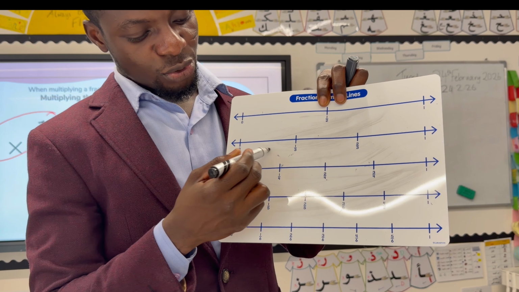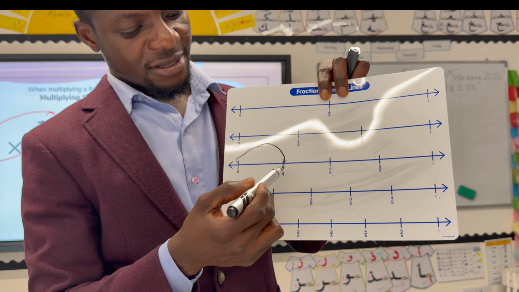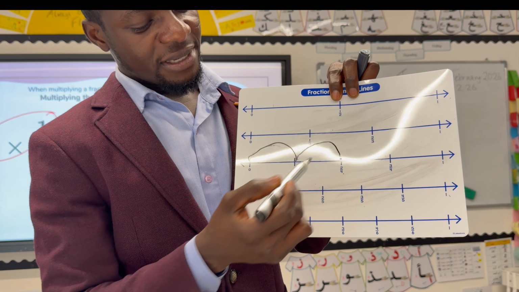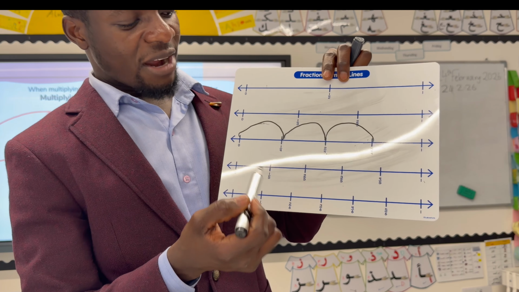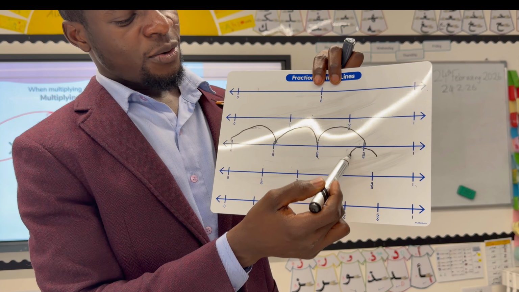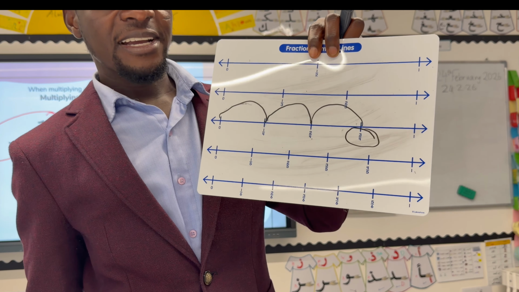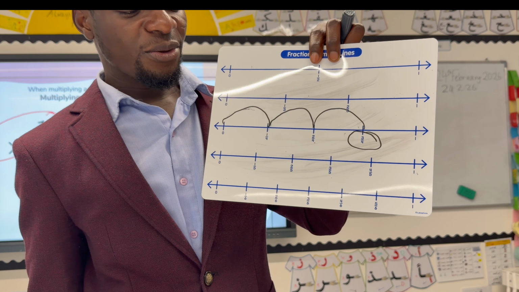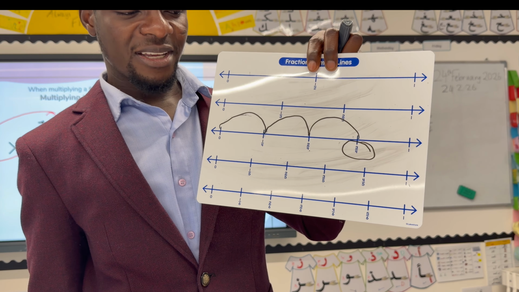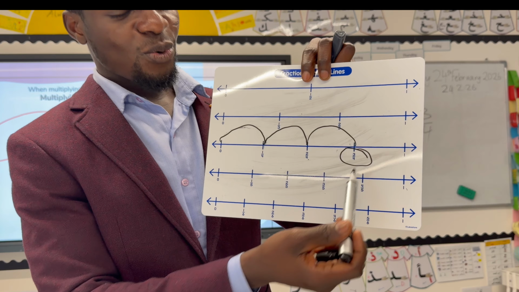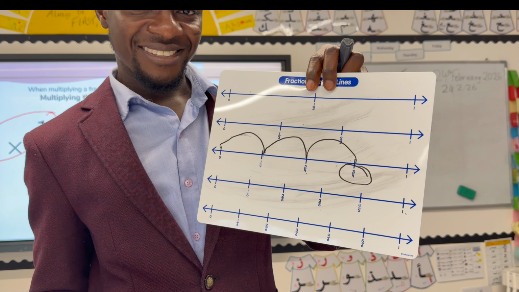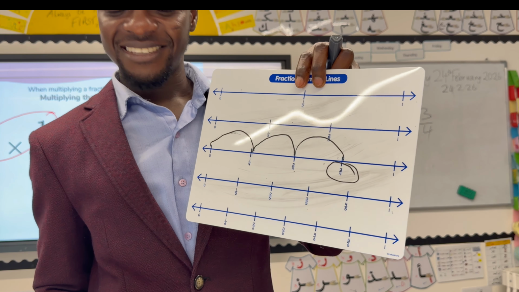So on the first day you took 1/4 pizza. Second day you took 1/4 pizza. Third day you took another 1/4 pizza. So after our 3 jumps, we realize that our final jump lands on 3/4. Okay, so that means that 3 times 1/4 equals 3/4. Is that clear? Good.